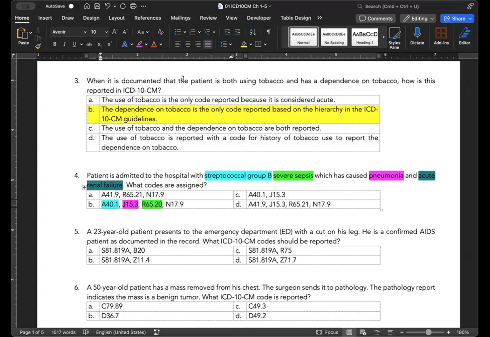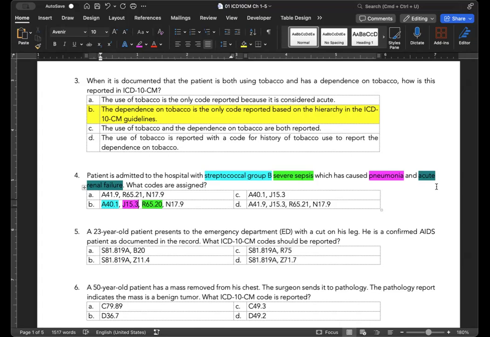And then lastly, we need the acute renal failure. So what's our main term for the acute renal failure? Failure. Yep, failure. And then we'll do failure. The type of failure is the renal.